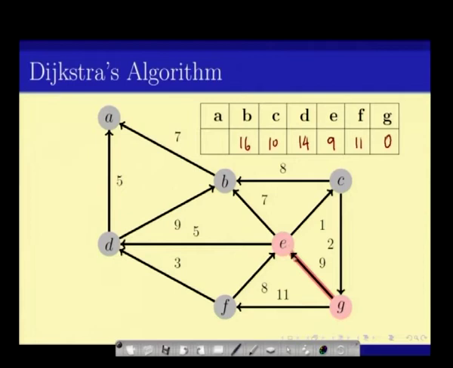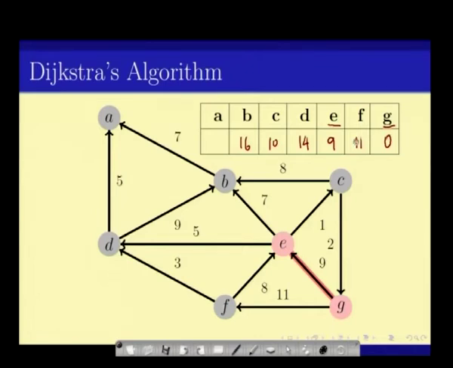At this point, note that the vertices that are red are basically fixed. I can mark it here: G has been made red and E has been made red. Now we have the other set of vertices: B, C, D and F. Note that whatever is written here, for example in the case of B, 16, it means that right now 16 is the shortest path we know from G to B, because the shortest distance from G to E is 9 and from E to B is 7.